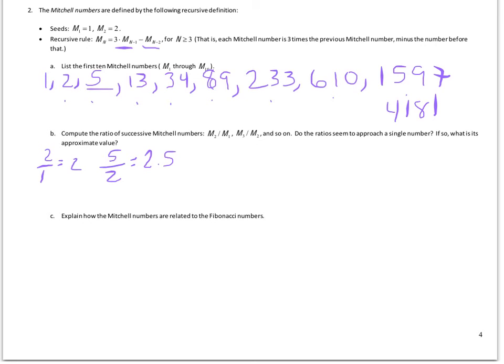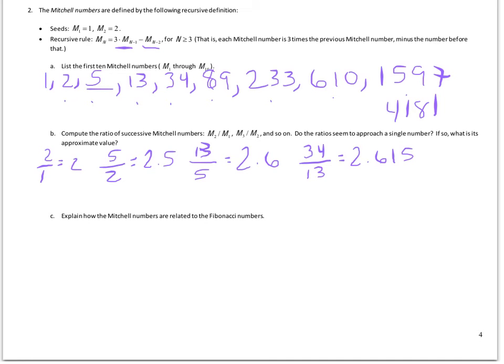And M4 over M3 would be 13 over 5, which is 2.6. And then 34 over 13, which is 2.615.